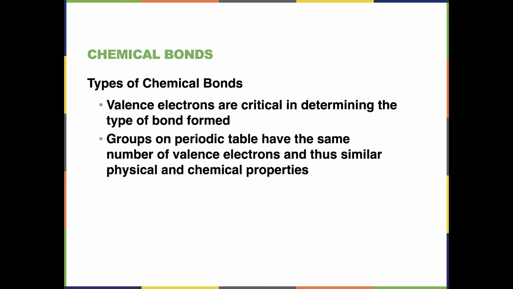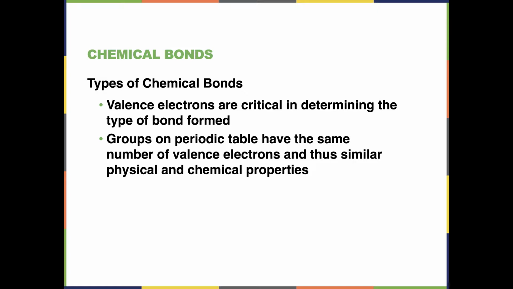The groups on the periodic table have the same number of valence electrons, and that causes them to have similar physical and chemical properties. So all of the atoms in group 1A, which is the column on the far left of the table, have a single electron in their valence shell and all give up that electron in the process of bonding.